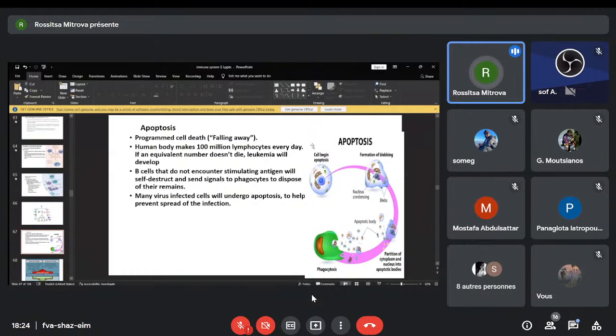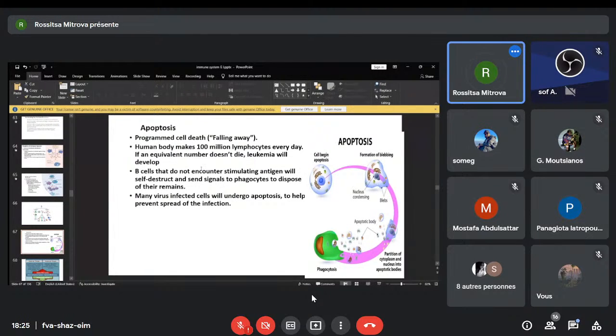Apoptosis, or programmed cell death, this is the meaning of apoptosis, is needed because the human body makes 100 million lymphocytes every day. If an equivalent number doesn't die, leukemia will develop.